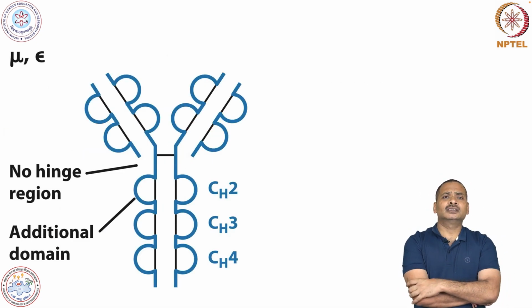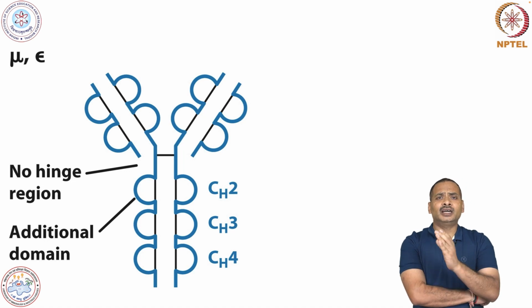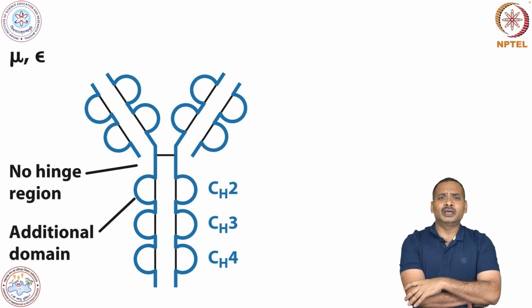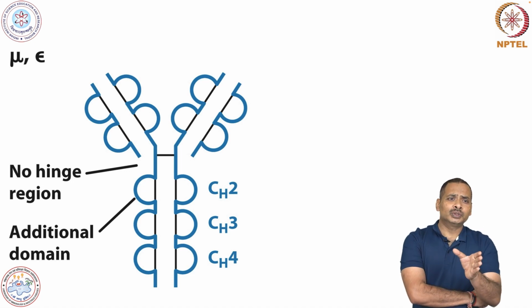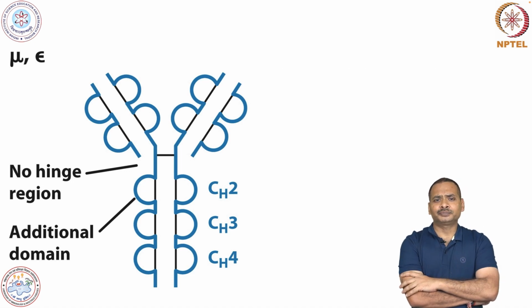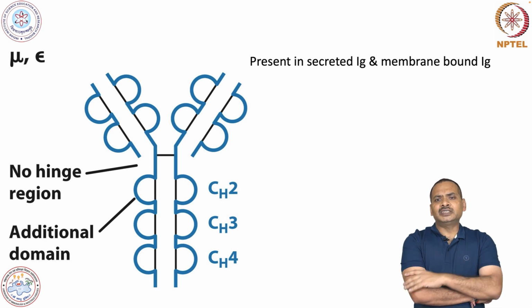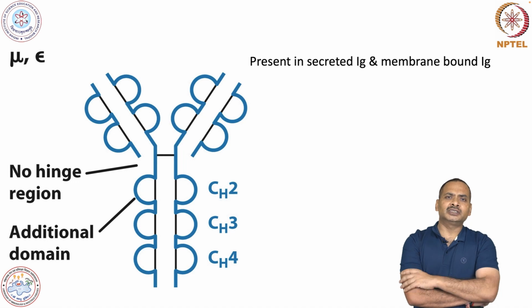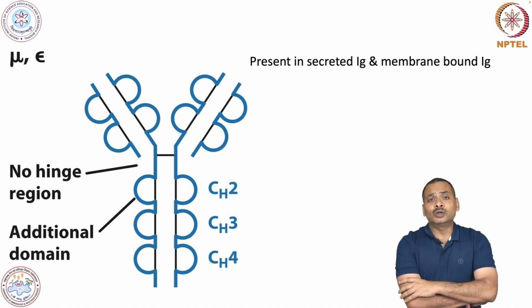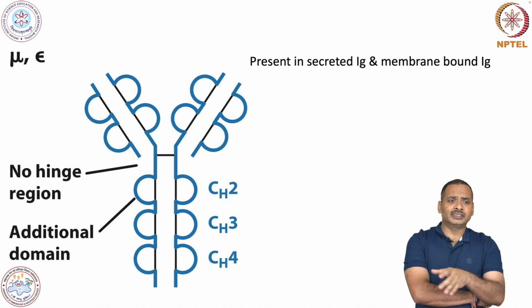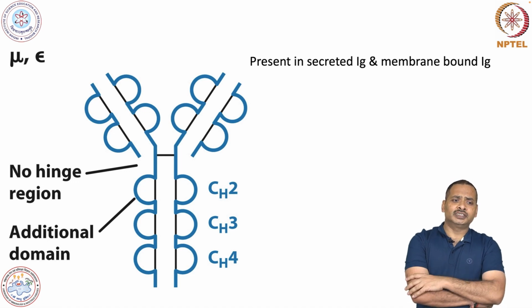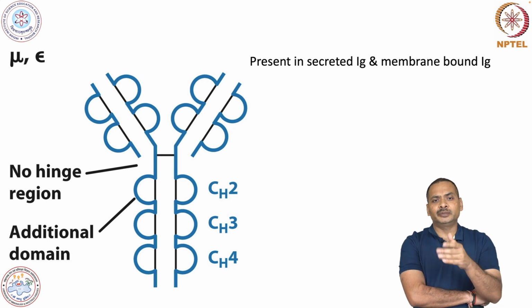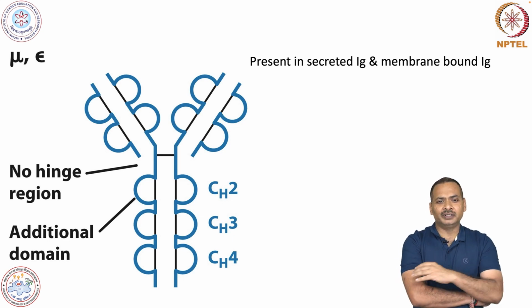Another group is IgM and IgE, whose heavy chains are encoded by mu and epsilon. They are present as secreted immunoglobulin and also generally as membrane bound immunoglobulin. Here you can see that there is no hinge region, but there is an additional immunoglobulin superfamily domain.